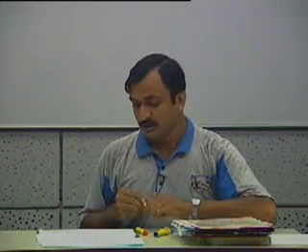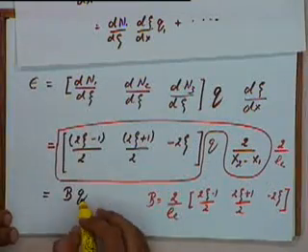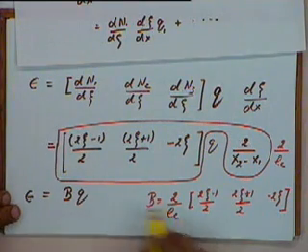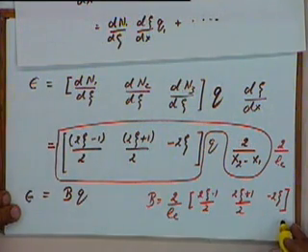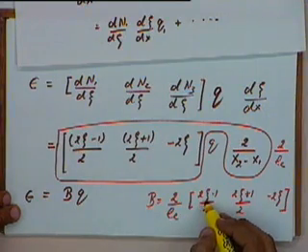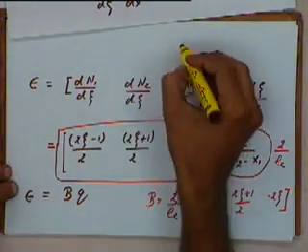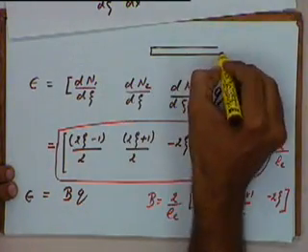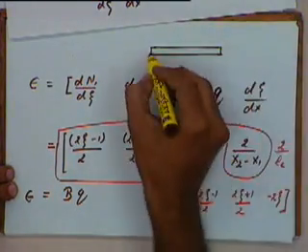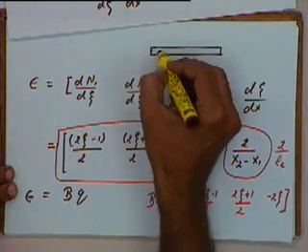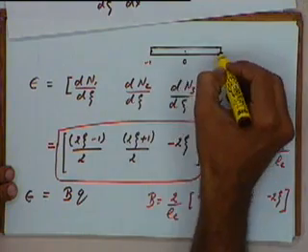If you notice, in this case the strain epsilon will be varying within the element because it depends on zeta. Zeta is changing along the length of the element. At this point zeta is minus 1, here it is 0 and here it is 1.